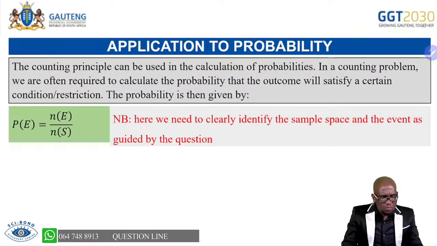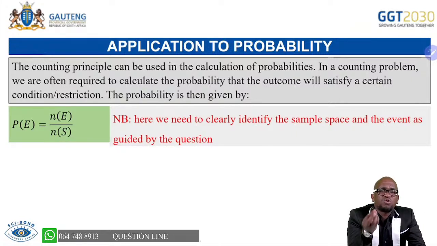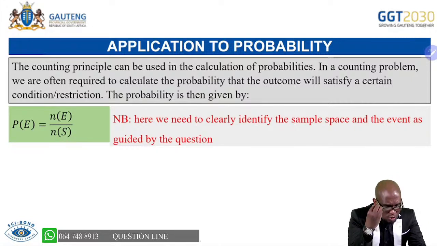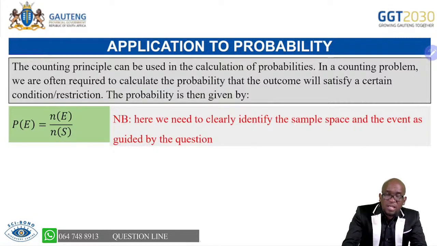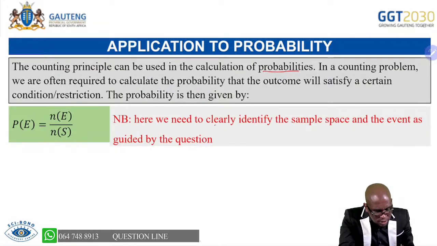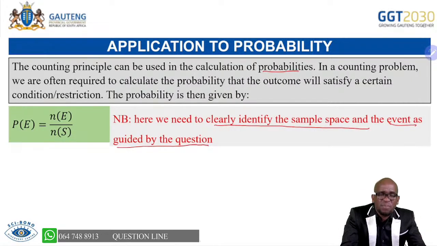Now, application to probability. Remember, this is a section under probability. Sometimes in counting principles, you'll be required to perform calculations for probabilities. So in that case, we will be required to clearly identify the sample space and an event guided by the question.